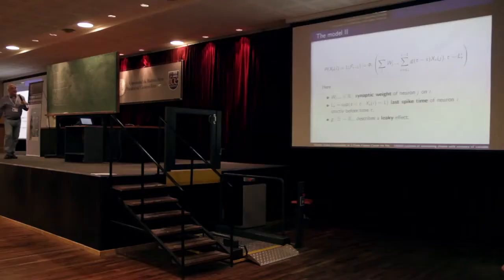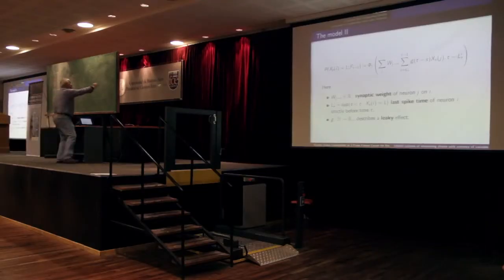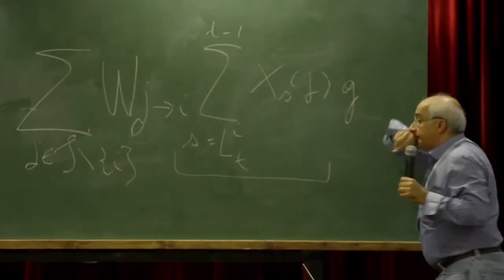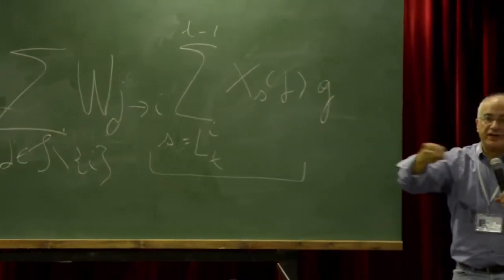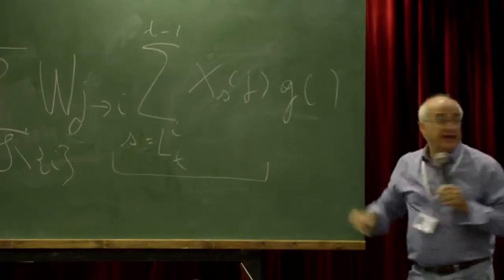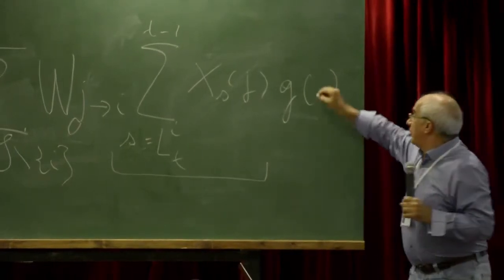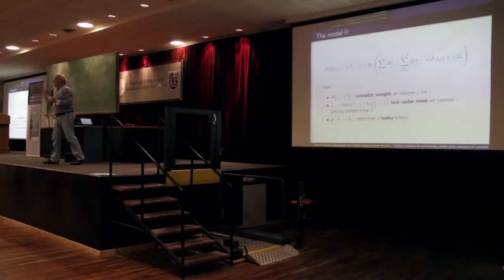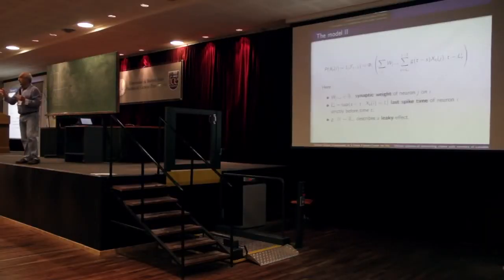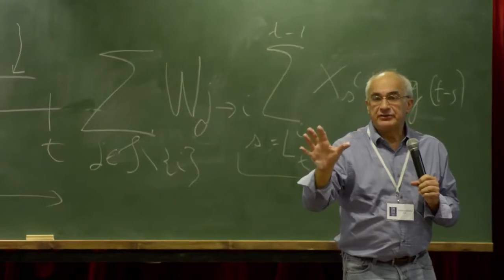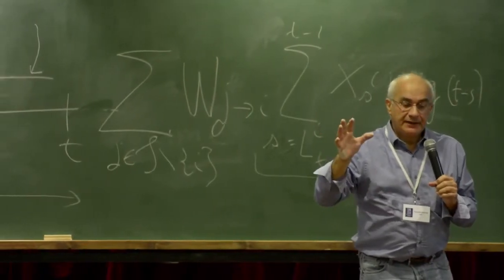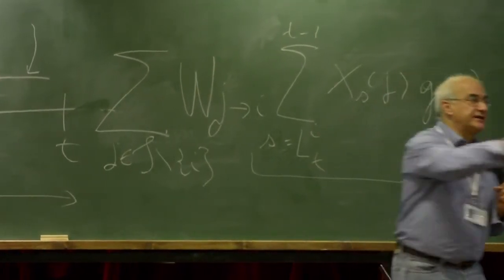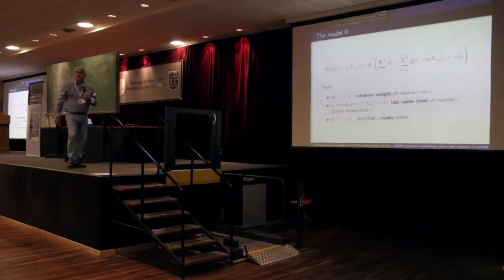Now you have another effect, which is that maybe there is some kind of leak effect. You lose some of the potential. And this is given by g_j of the time difference between t minus s. Say for instance, g_j only takes into account spikes which took place in the last, I don't know how many seconds.